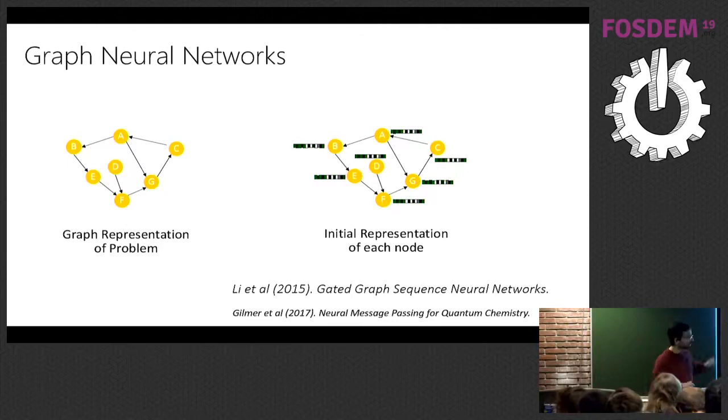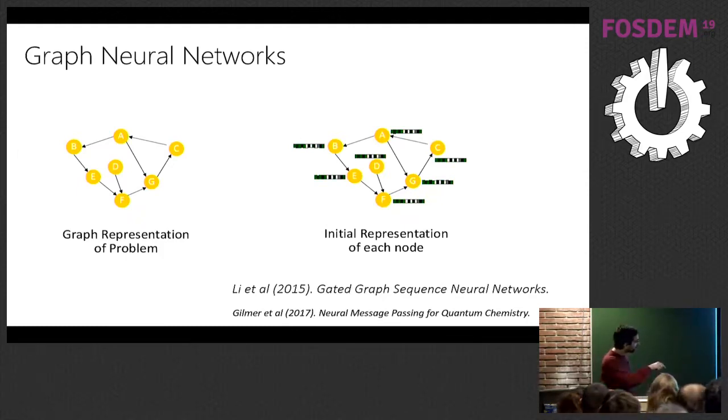So now we're going to graph neural networks. And this is essentially the core component that allows us to use graphs with machine learning. So at a very high level, what the graph neural network does is that you have a graph representation of your problem. That's up to you what it is.